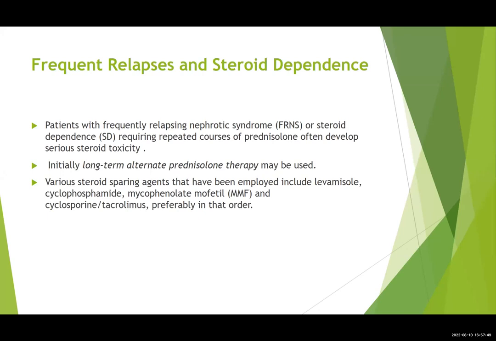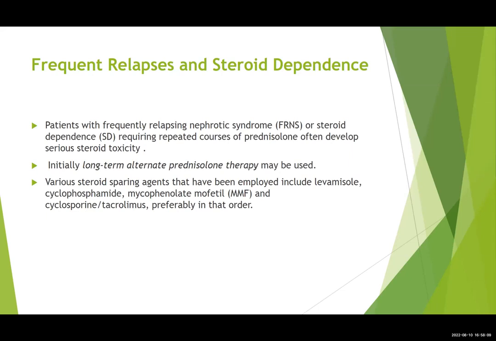But if the patient has frequent relapses, more than 2 in 6 months or more than 4 in 1 year, this patient with frequent relapse in nephrotic syndrome or steroid dependence requires repeated courses of prednisolone and often develops serious steroid toxicity.